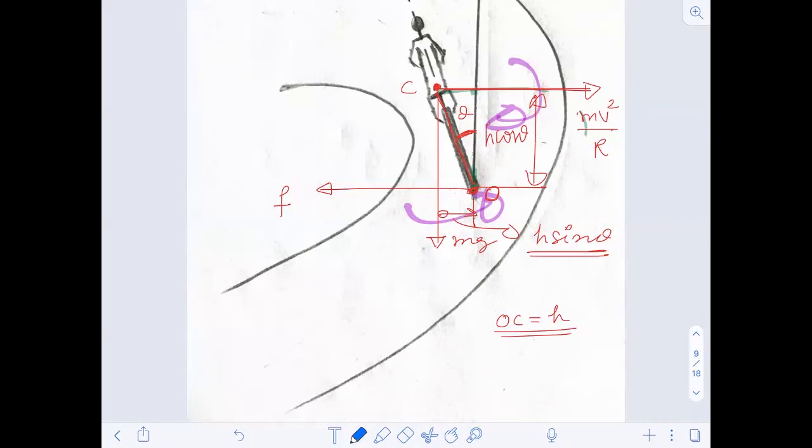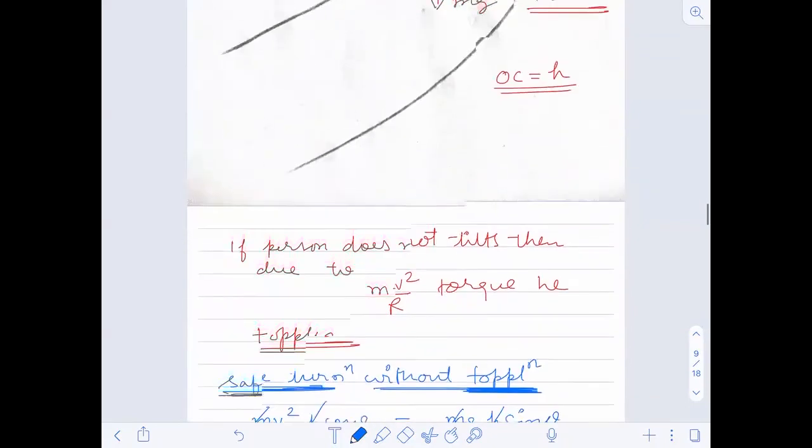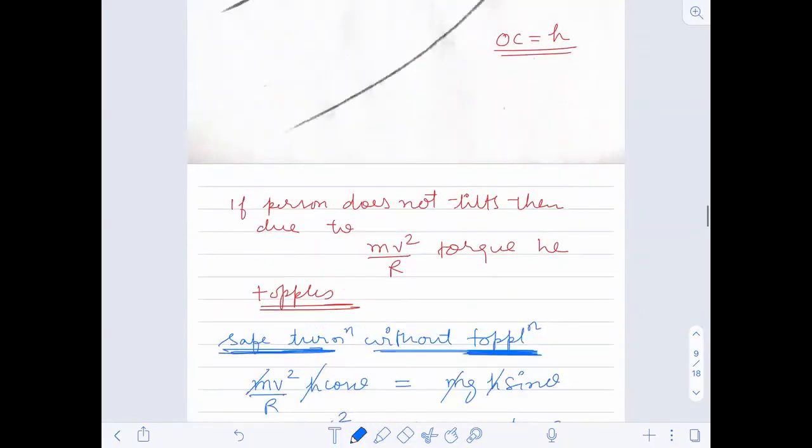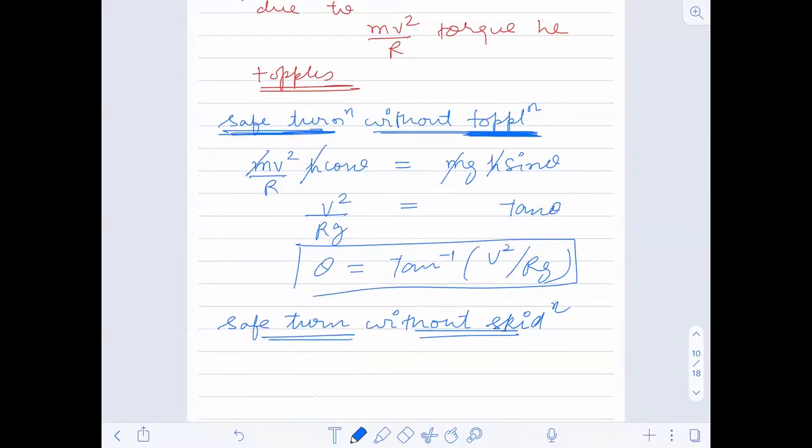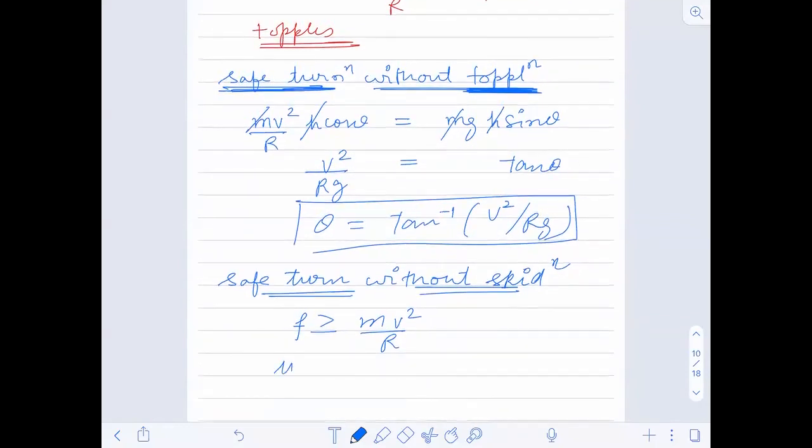Correct. Friction and mv square by r must be balanced. So here I am writing for this. For the safe turning, the friction force must dominate, so this should be the condition: friction is greater than or equal to mv square by r. And this friction value we know will be mu mg. So mu mg is greater than or equal to mv square by r. Now this is one condition that you have already studied.